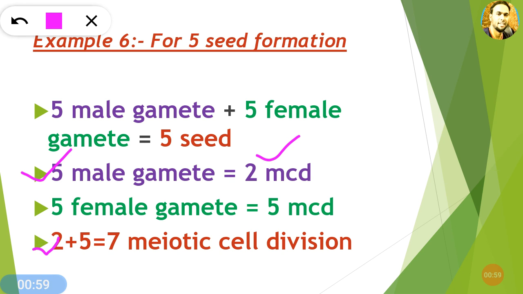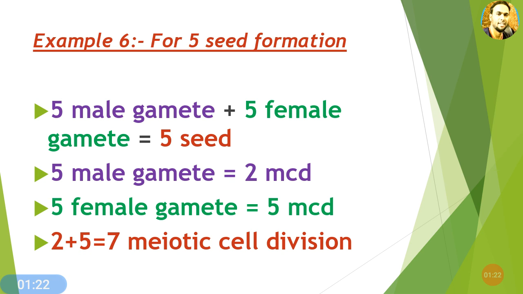That's why 2 is here, and the number of female gametes here is 5. That's why it is always equal to the number of meiotic cell divisions. So 5 female gametes are the requirement, and that's why 5 meiotic cell divisions are needed. So hence 5 is here.